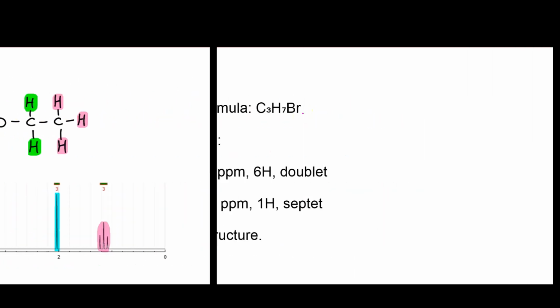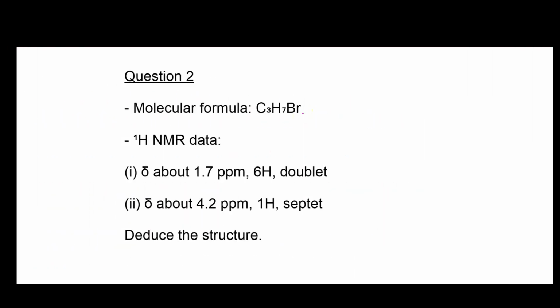Now, let's try a second example. The molecular formula is C₃H₇Br. The proton NMR data shows a 6-hydrogen doublet and a 1-hydrogen septet. Doublet refers to a multiplicity equals 2, while a septet refers to a multiplicity equals 7. Let's deduce the structure.